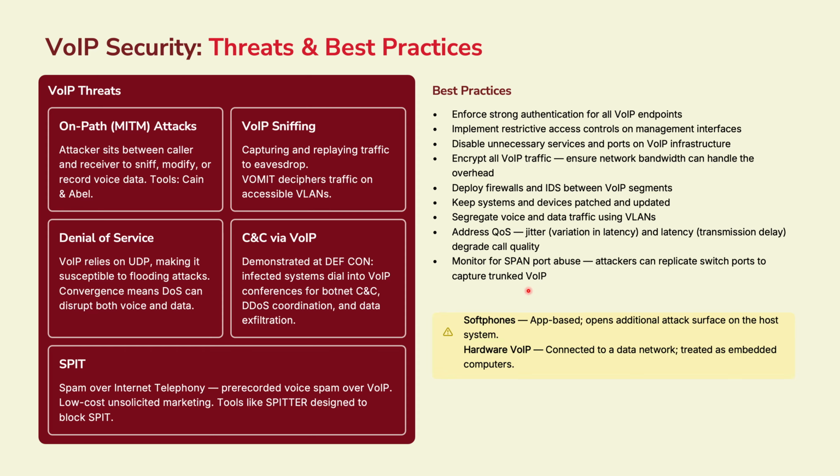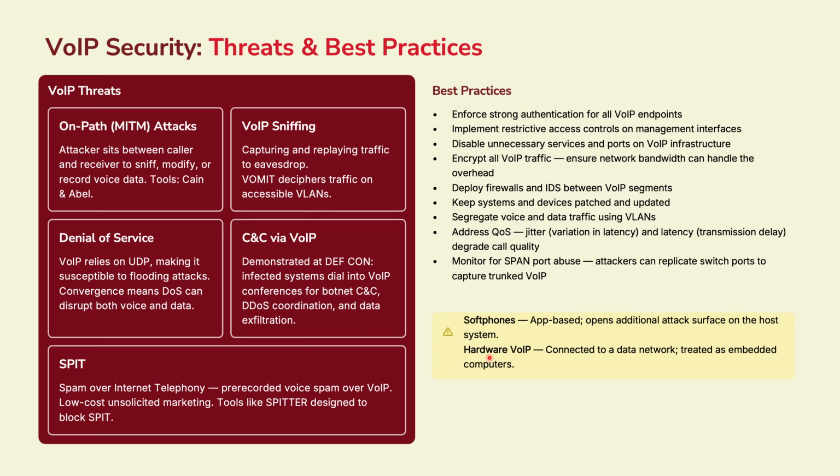Finally, you need to understand that there are softphones and there is hardware voice over IP. A softphone runs an application on a general-purpose computer, like your Windows machine or mobile, inheriting all the vulnerabilities of the host system. Basically, a compromised computer gives attackers access to the voice over IP application.